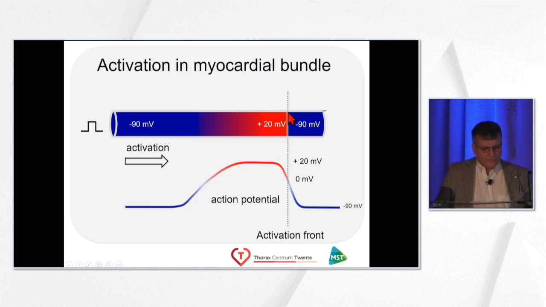The leading edge of the activation front will be plus 20, because cells are there most recently activated, and the areas of the bundle where the wavefront has passed are already repolarized, back at minus 90, and there's a gradient between those events. So you can picture it as an action potential that is reversed and traveling backwards across a bundle, and that shows the voltage gradients over a bundle.